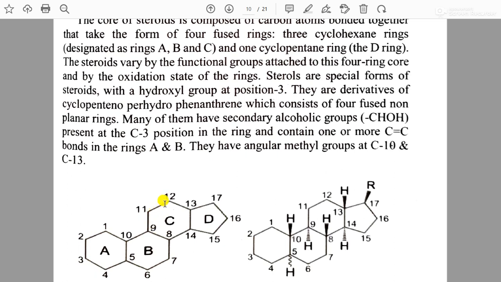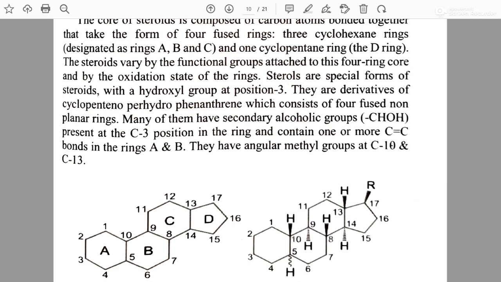So this is the order of numbering the ring, and this is position 3. So all the steroids which belong to the class of sterols will have an OH group at position 3. They are derivatives of cyclopentano perhydrophenanthrene.